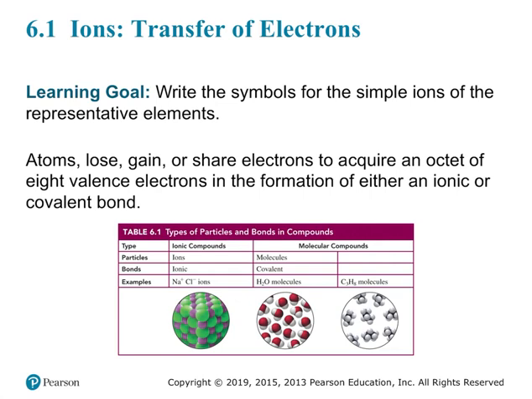All right, so first let's talk about ions, because ions form our first type of chemical bond, which is an ionic bond. So atoms lose, gain, or share electrons to acquire an octet of 8 valence electrons.